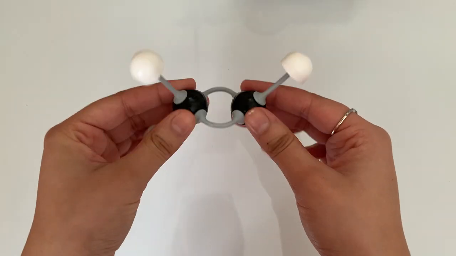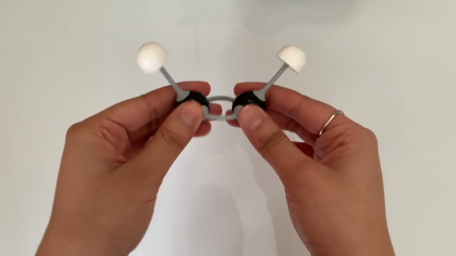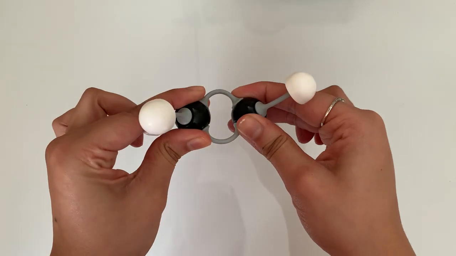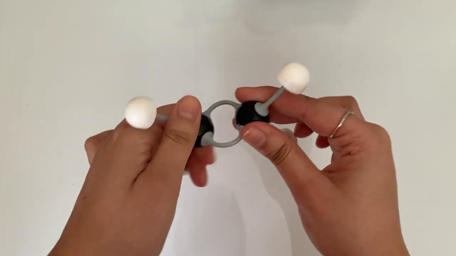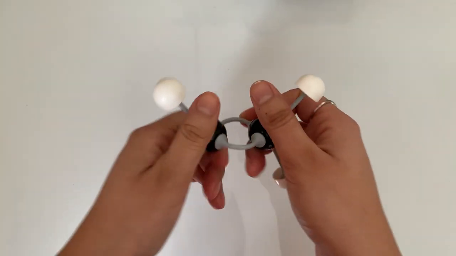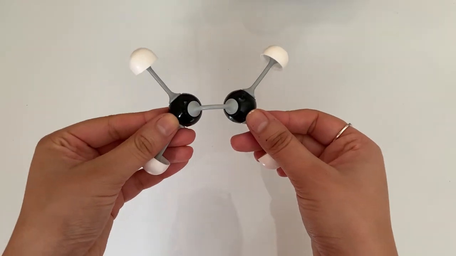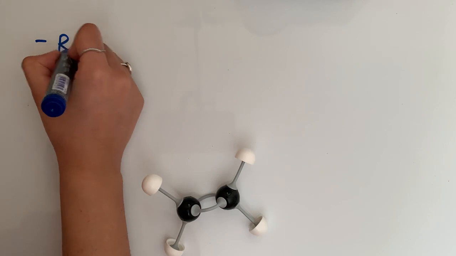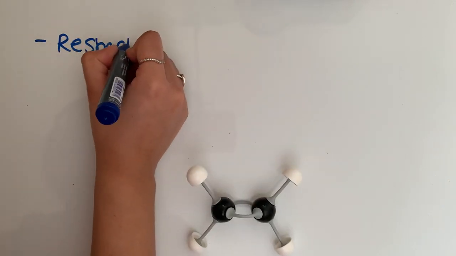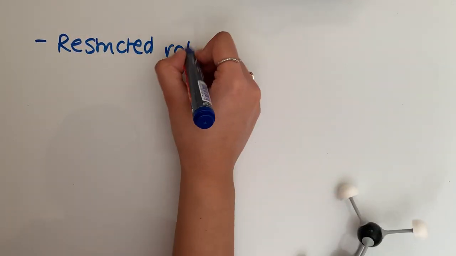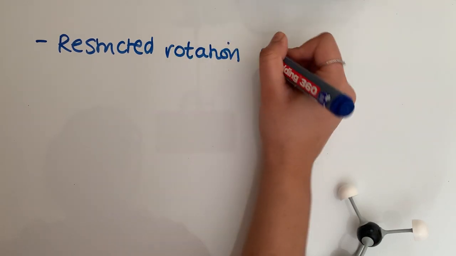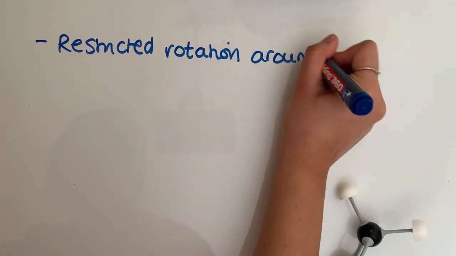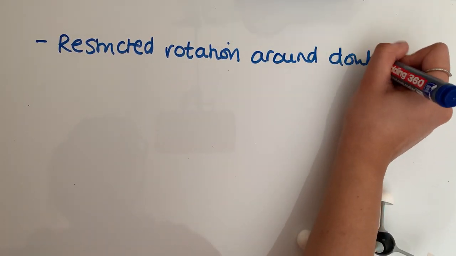So in alkene molecules, or with double bonds, there's what we call restricted rotation. I can't rotate this molecule. It's stuck in that way. So there's restricted rotation around the double bond.